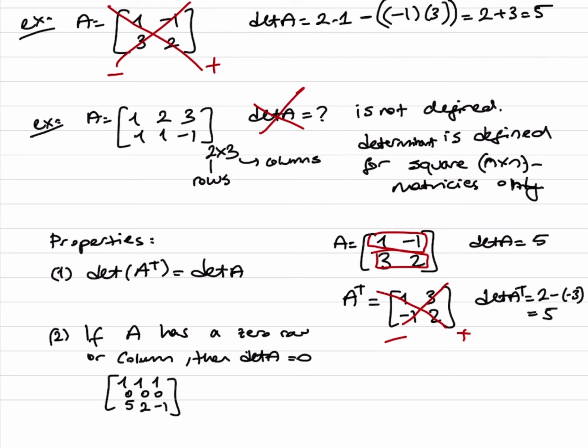If you remember the cofactor expansion, the coefficients always come from the entries Aij. If we choose this row, we will always have 0 times some cofactor plus 0 times some cofactor plus 0 times some cofactor. We add all those up and we get that the determinant of A is equal to 0.